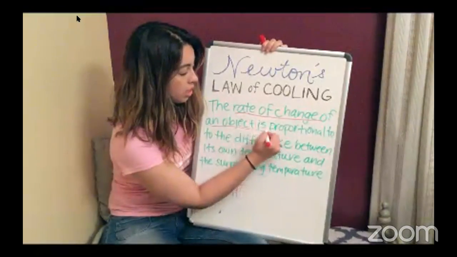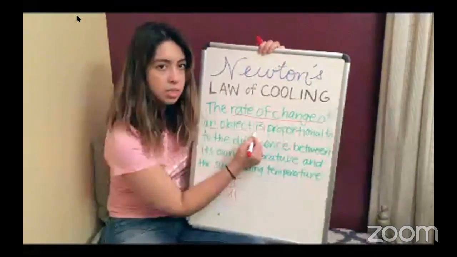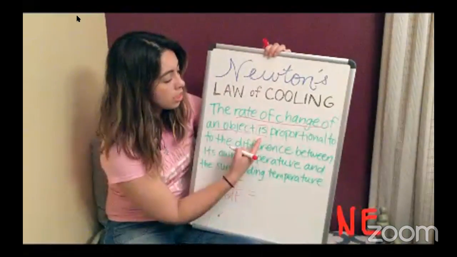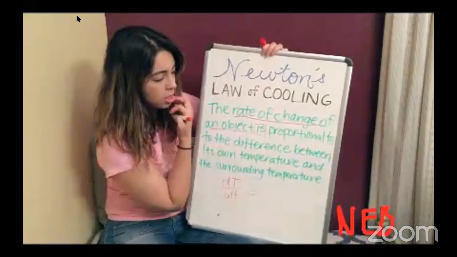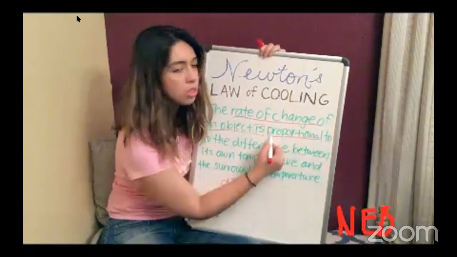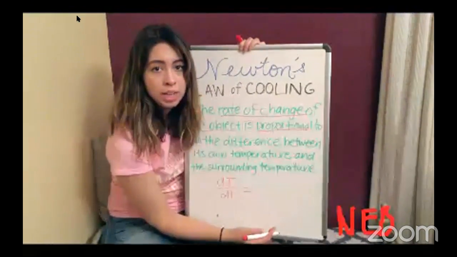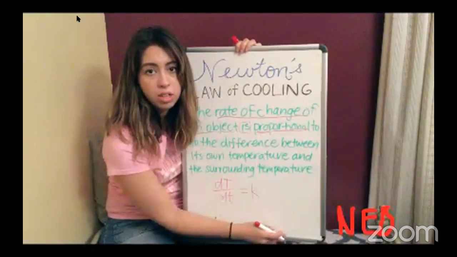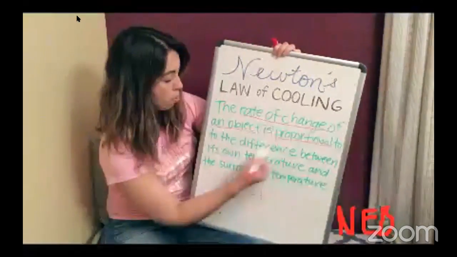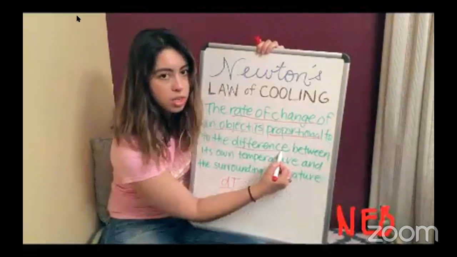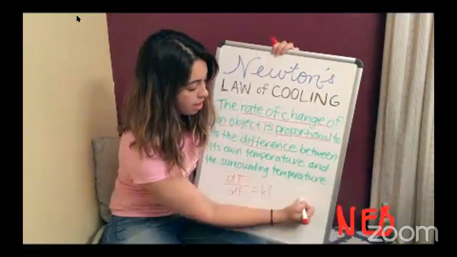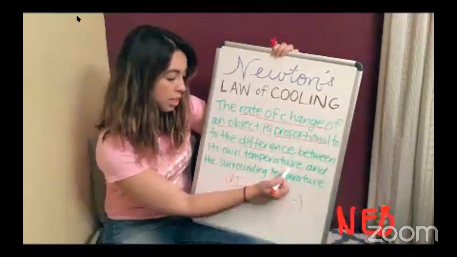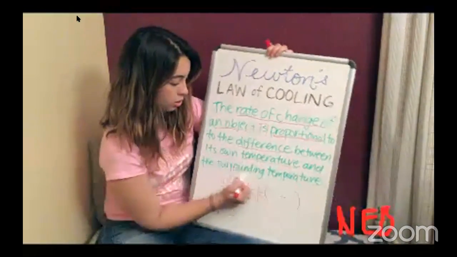Then we see the word is. So the rate of change is, whenever we see that, we want to write equals. So it is proportional to the difference. When we see proportional, that just means we are multiplying by a constant. So I'm going to use just the letter K as a constant. And it's proportional to the difference. When we see difference, we know it's going to have to be subtraction between its own temperature and its surrounding temperature.